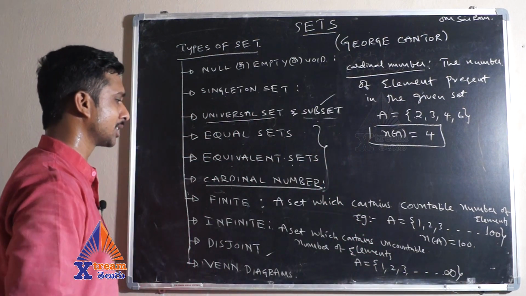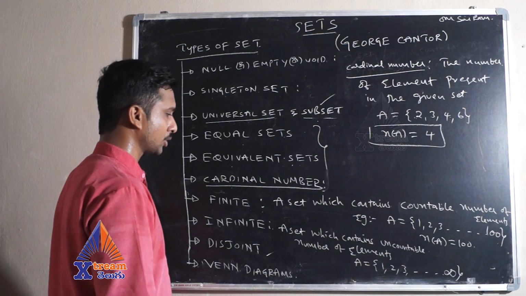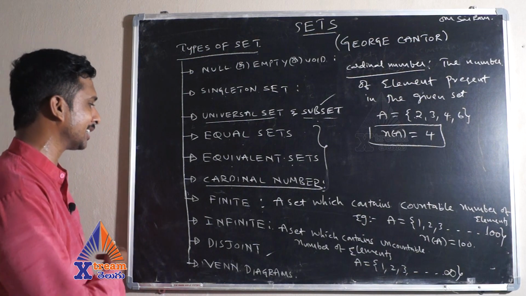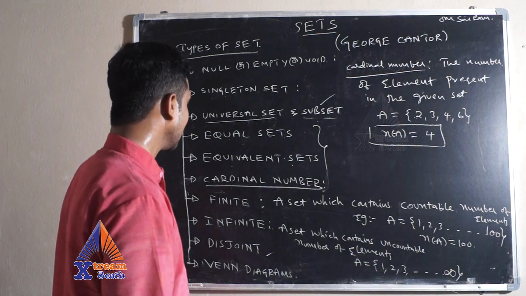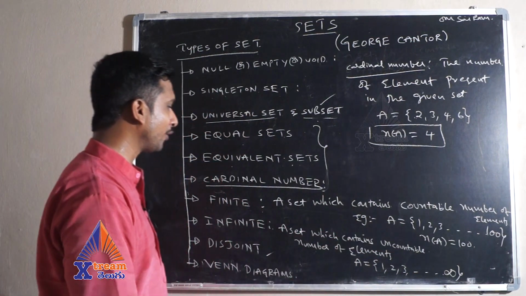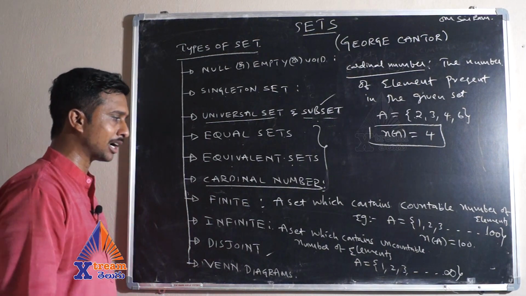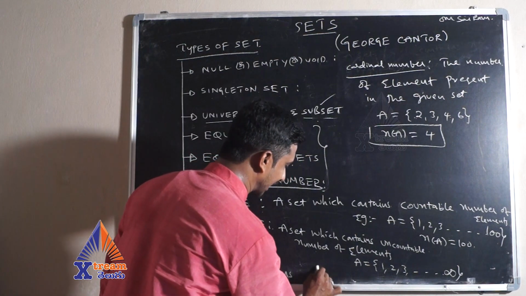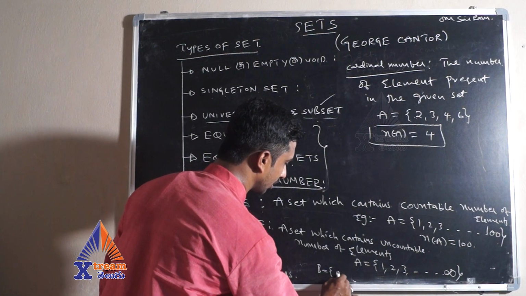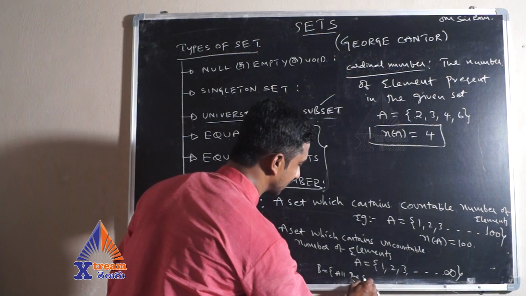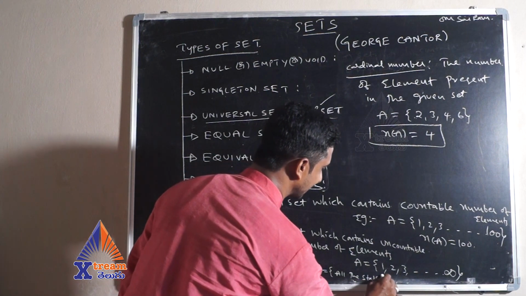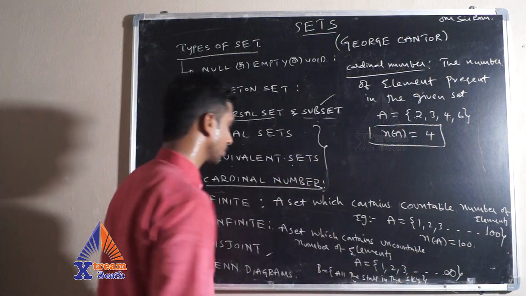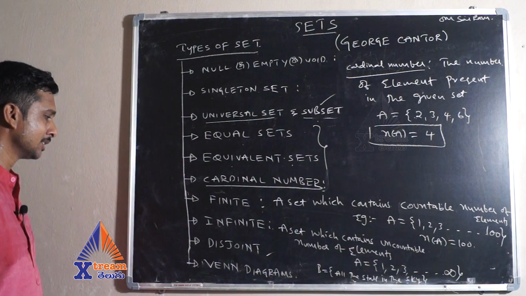So that is an infinite set. The difference between finite and infinite set is that for a finite set the number of elements is countable, and for an infinite set the number of elements is uncountable. All the stars in the sky, which is uncountable.